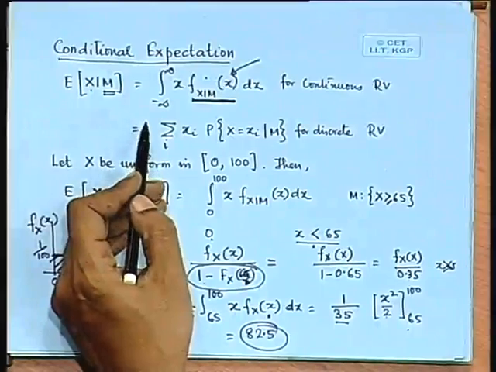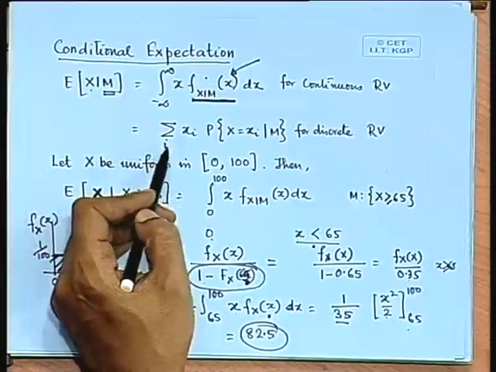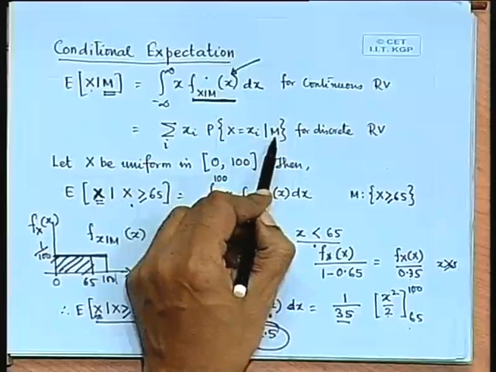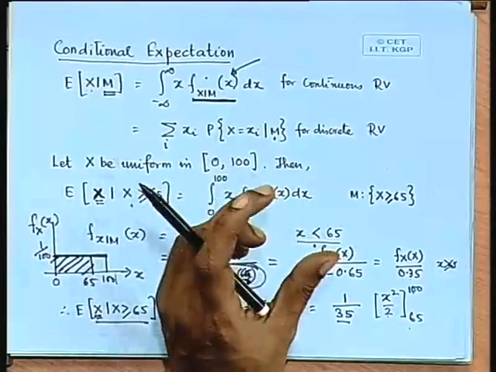For a discrete random variable, it is going to be xi times the probability that x equals xi given m. So always we are going to consider that fact m, which is the condition given.